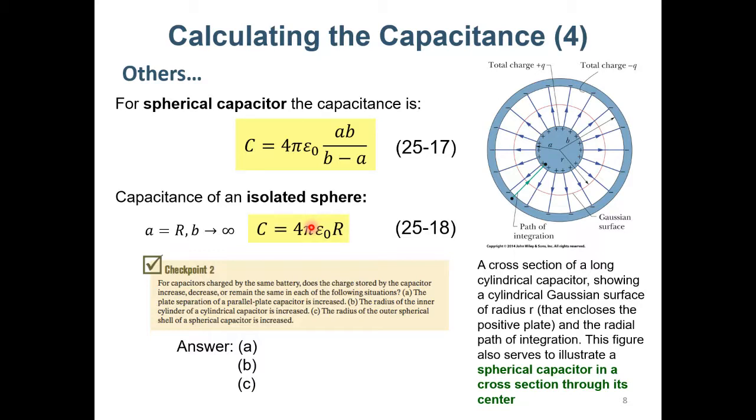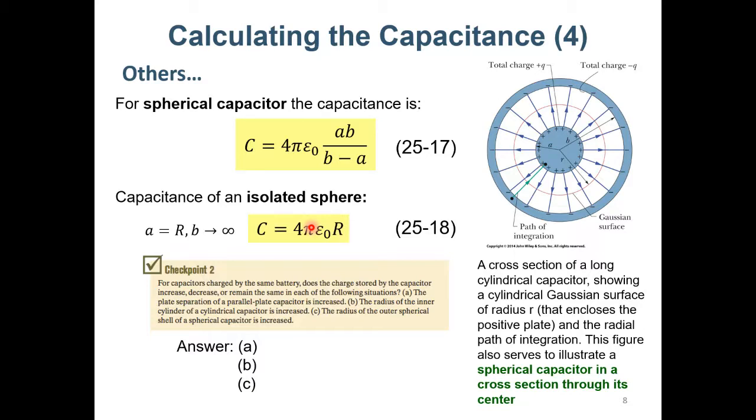And for the lower case, it is maybe more useful. For the lower case, we assume that A is equal to R and B tends to infinity, which means that we don't have the outer sphere, because making two spheres with the same center is not trivial.